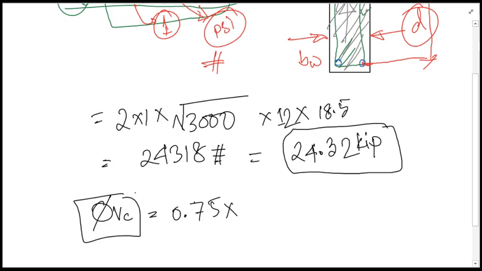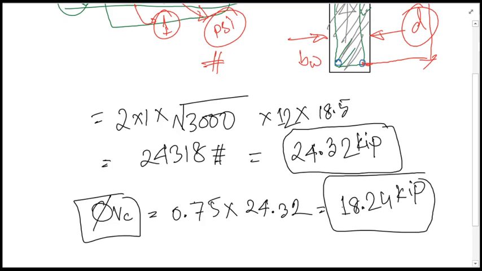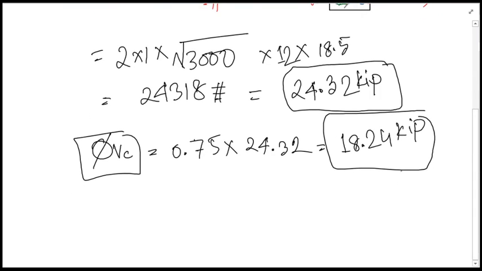But for shear, we always use phi equal to 0.75. So 0.75 multiplied by 24.32 kip will give you 18.24 kip. So this is the capacity of concrete we'll be using to compare with the actual shear force acting upon this section.